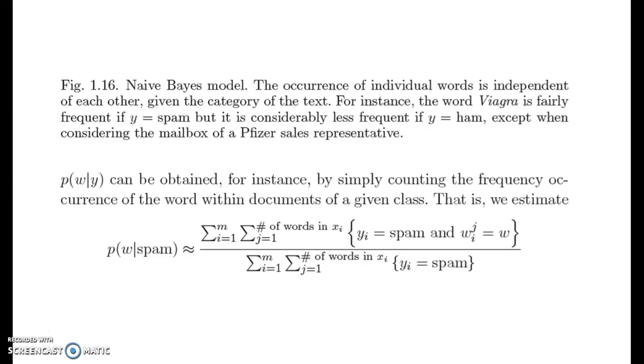So P of w given y can be obtained, for instance, by simply counting the frequency of occurrence of the word within a document of a class.